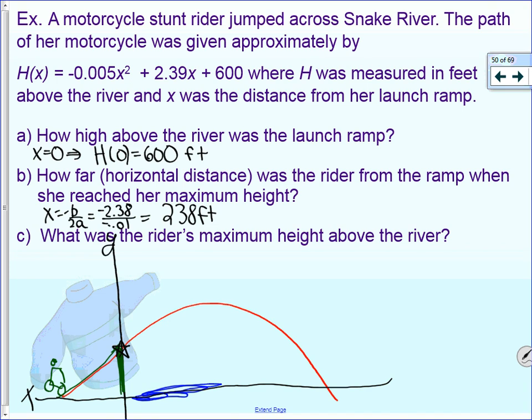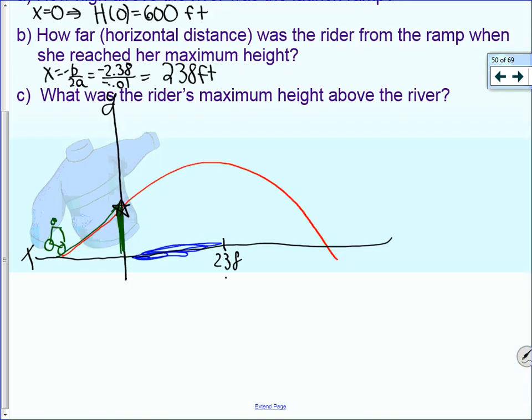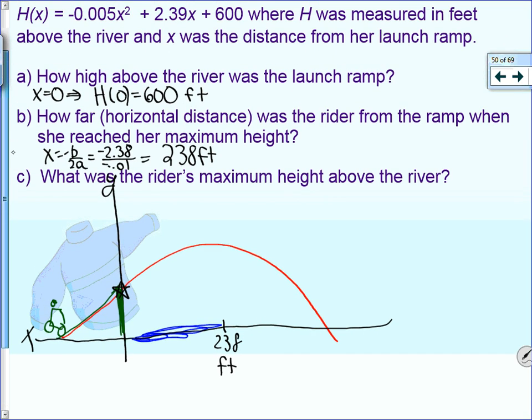She's going to hit the highest point of her journey. Oh, did I just write the wrong number down? Okay.